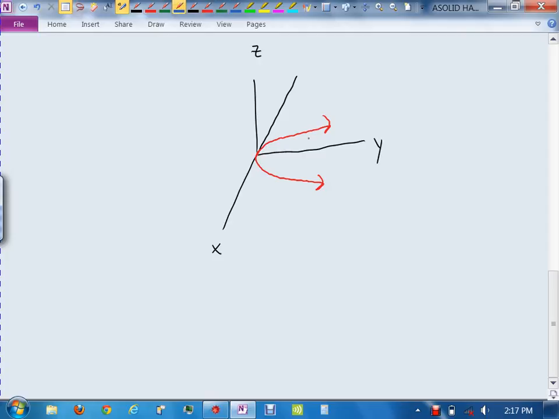Then my blue one started up at 4 and went down. Not very good, but that's okay, I guess. It'll work. So you just come out more on this side.